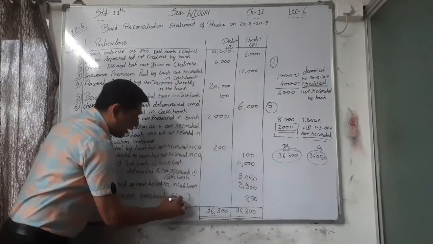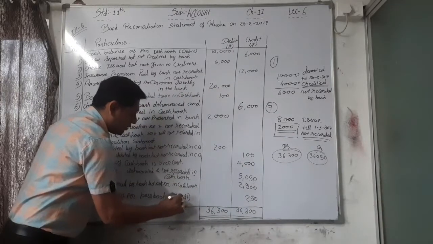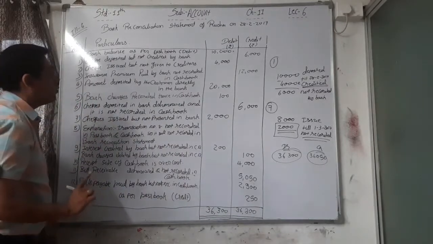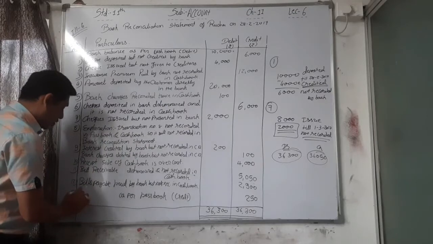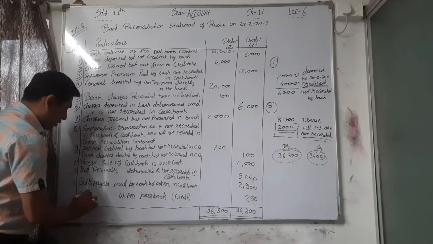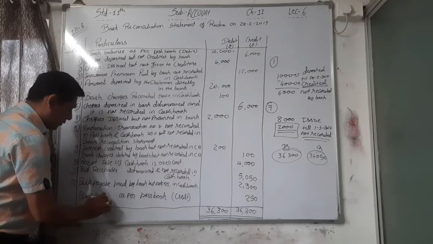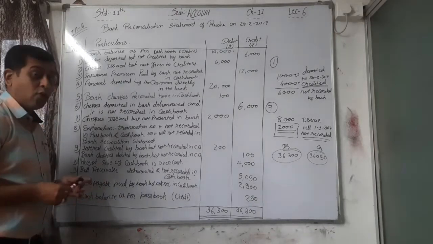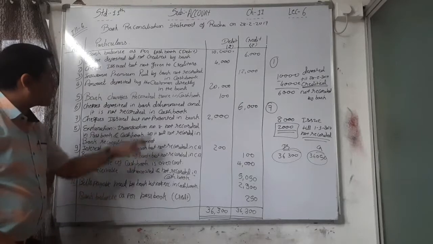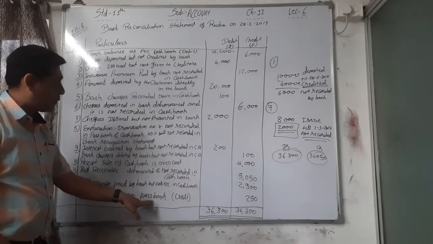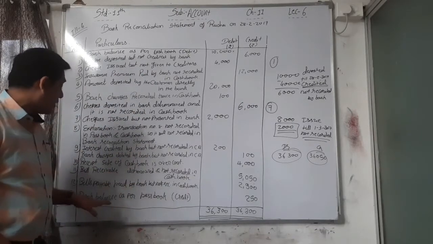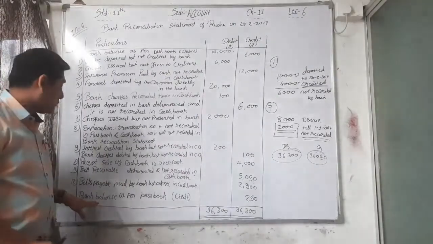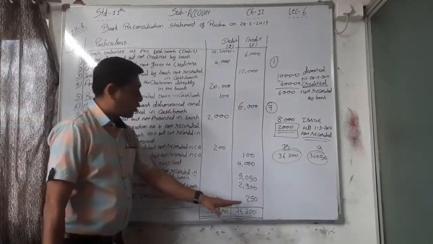That's why here we will write down the credit, and that's why credit balance as per passbook is equal to bank balance. Okay, so here we have to write down the word bank balance. Bank balance as per passbook. First of all, what we have to do? We have to write down as per cash book. So here we have to write down as per passbook. Here the bracket is blank and the point bank balance or bank overdraft is also blank. First of all, we have to make the total.